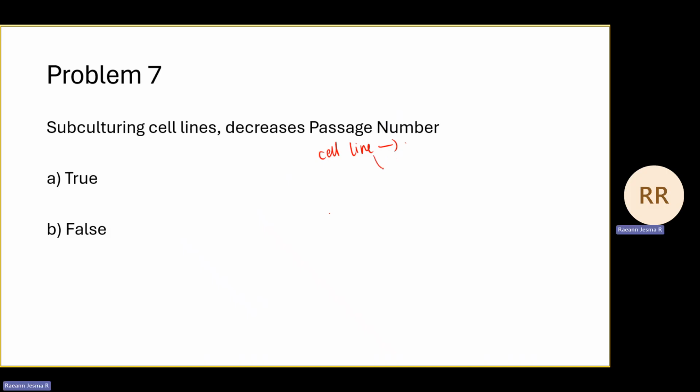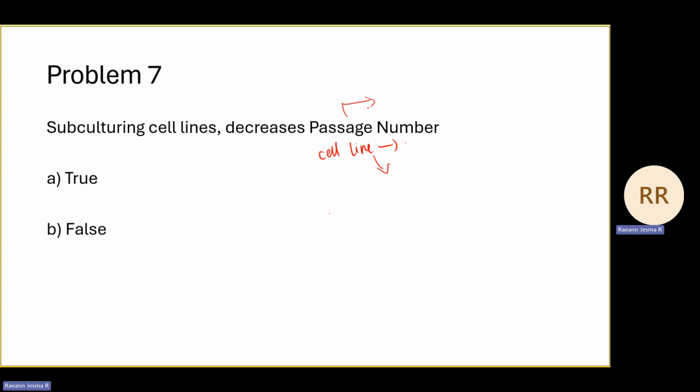These cell lines are generated as clones of one particular cell. Next, what is passage number? Passage number is how many times we have subcultured a cell line, that is, how many times we have transferred the cells from one particular cell culture to another.